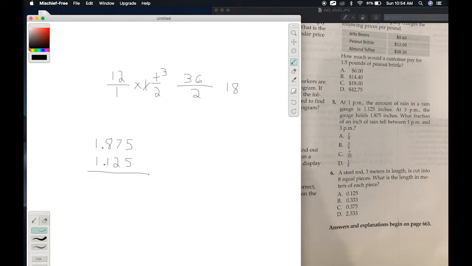Doesn't matter which one came first. So 5 minus 5 is 0. 7 minus 2 is 5. 8 minus 1 is 7. We know we need the decimal point here. And 1 minus 1 is 0. We don't really need to put 0 here, but we will anyways.